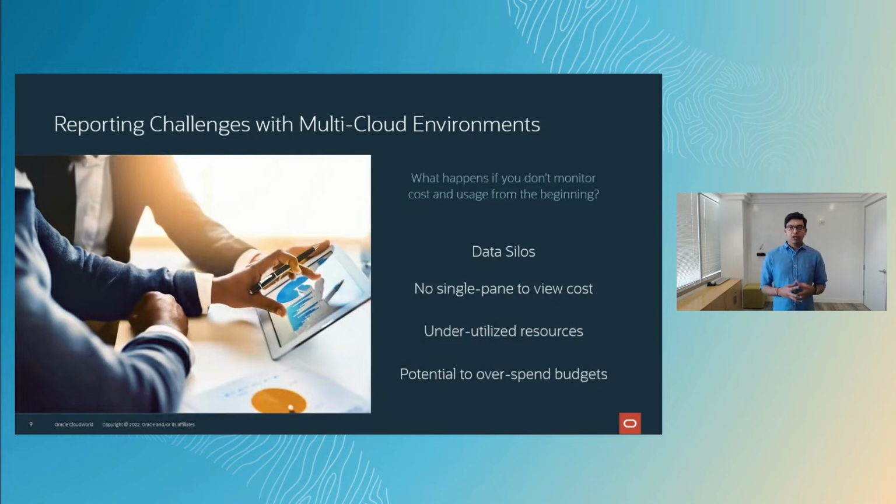So what happens when you have a multi-cloud setup and you are not cognizant of this from the beginning, and what happens when it comes to reporting? The first thing that can happen is data silos. You get different details and different reports from different places, and you don't have a single place to look at all of this.